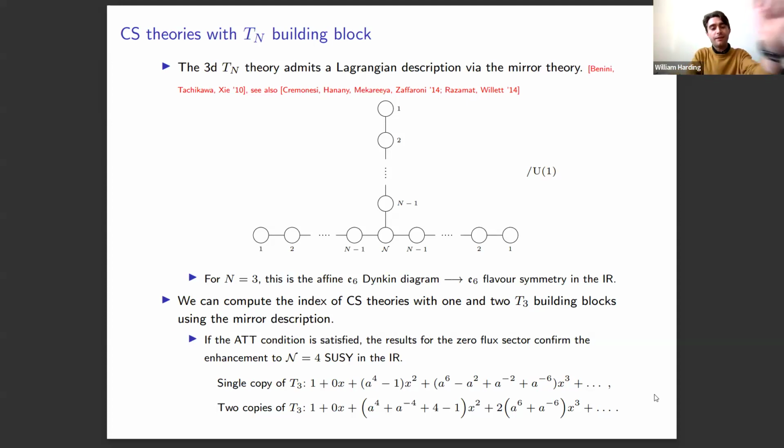Now, actually, this is quite a hard computation, and so we would have liked to do more on this. And maybe after the talk, if someone is interested in what can be done with the T3, we can discuss. However, if you look just at the zero flux sector of the indices, you see that there is n equal to 4 SUSY in the infrared, if the ATT condition is satisfied, of course.